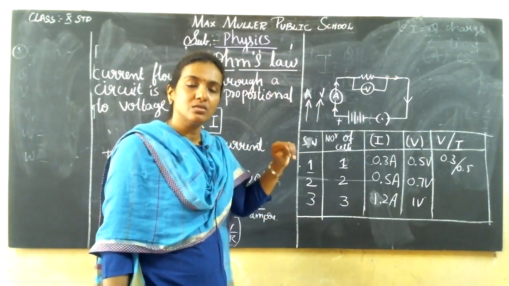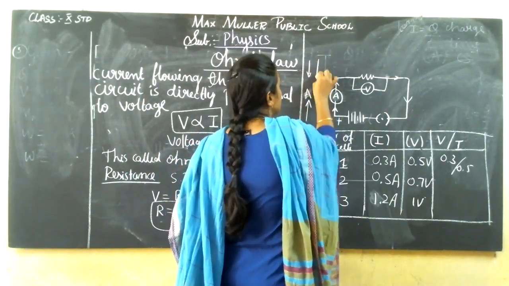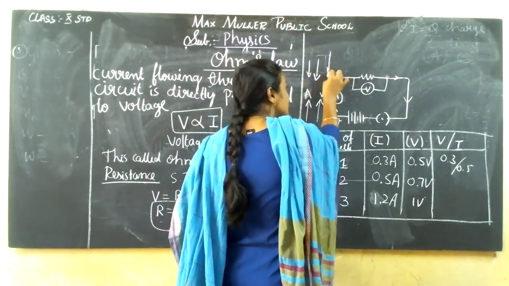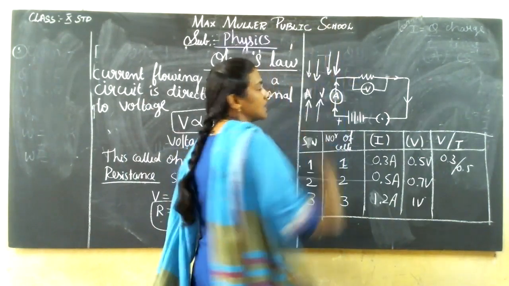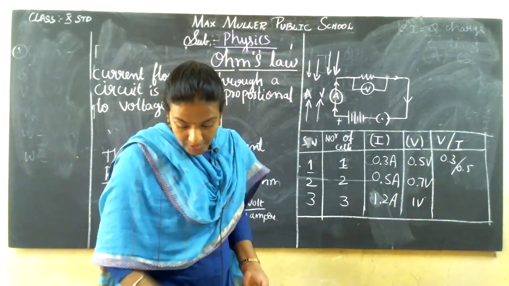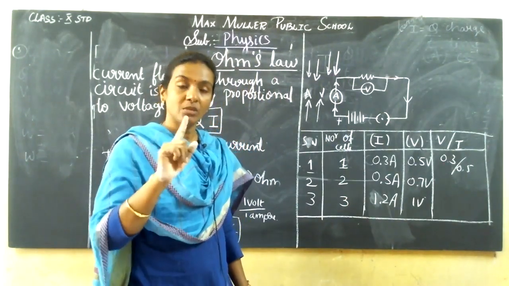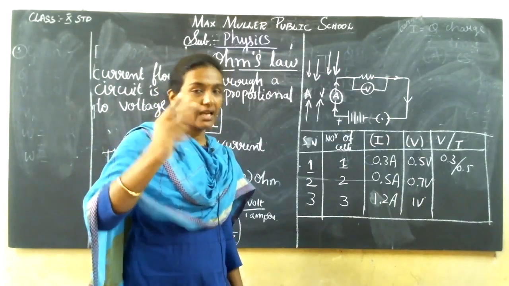Whenever the voltage is more, current is also more. Whenever the current reduces, voltage also reduces. Whenever the voltage reduces, current also reduces. This is the relation between potential difference and the current here.